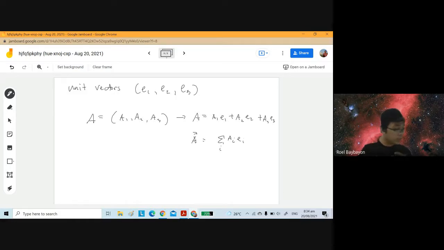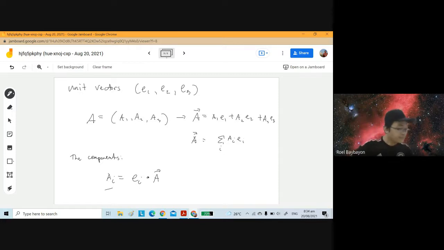We can obtain the components, makuha nako ang components if I get the dot product of EI and our vector A. So these are the components AIs, and masolve nimo ang mga components using these equations, the EIs, the unit vectors dotted with the vector A.